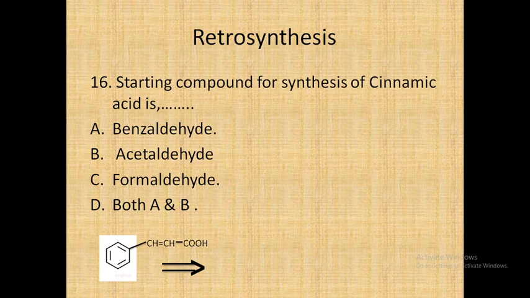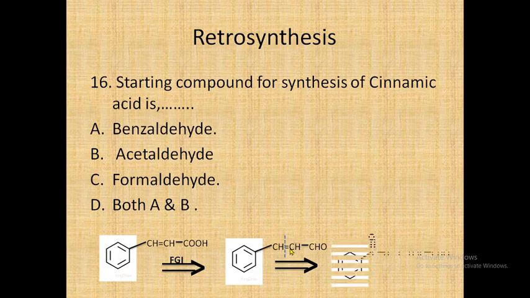If you are doing the FGI for this, FGI means writing one functional group for another, we can get this compound from cinnamaldehyde. If you do the oxidation of cinnamaldehyde, you'll get cinnamic acid. And this cinnamaldehyde can be obtained by aldol condensation between benzaldehyde and acetaldehyde.